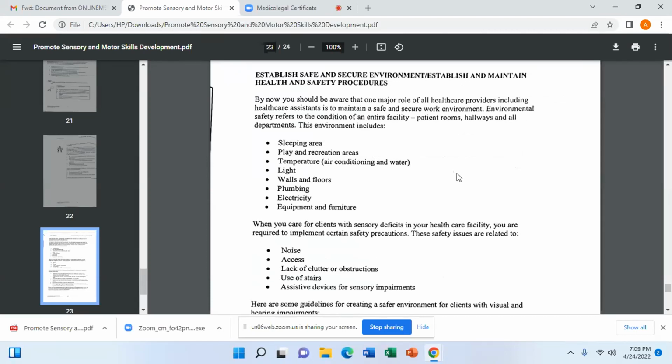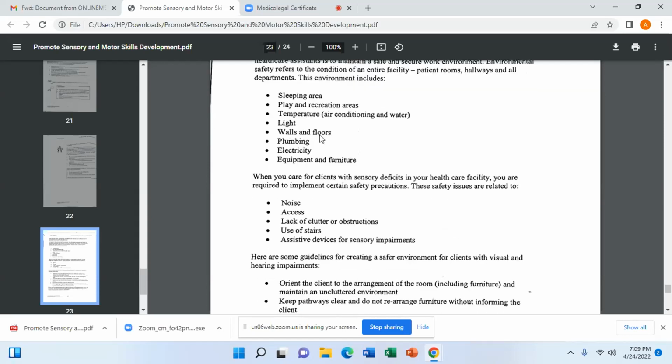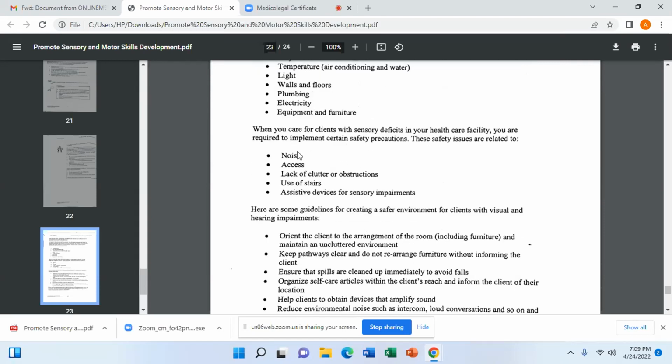Environmental safety refers to the condition of an entire facility, patient room, hallways, and all departments. The environment includes the sleeping area, the play and recreational area, the temperature, the light, the walls and floors, the plumbing, the electricity, the equipment, and furniture.